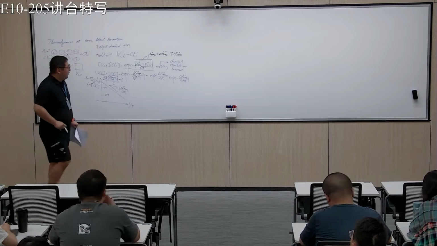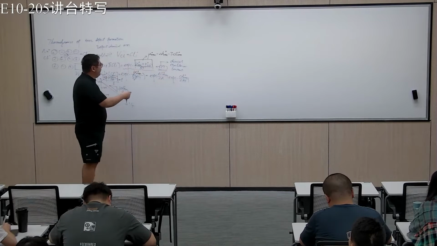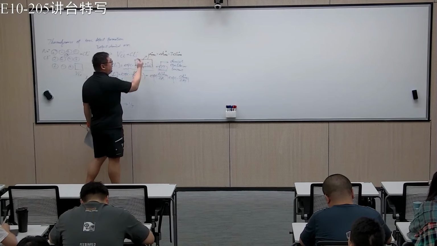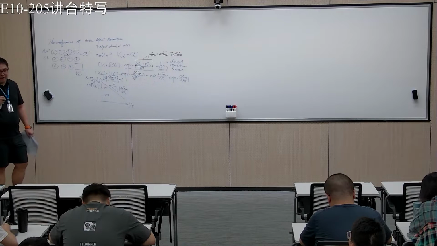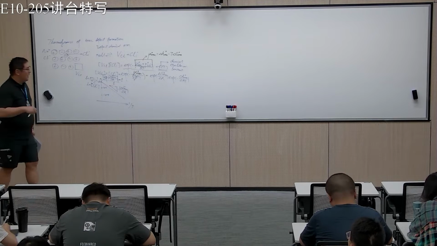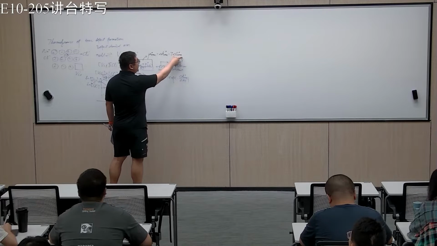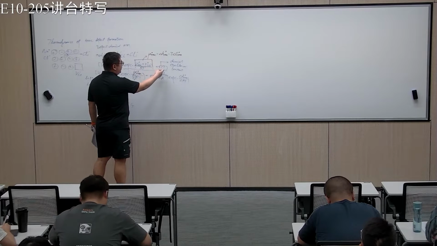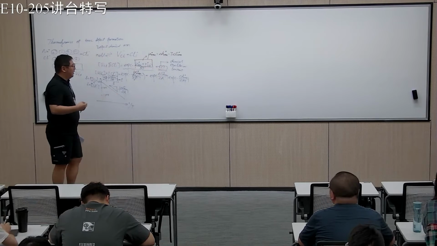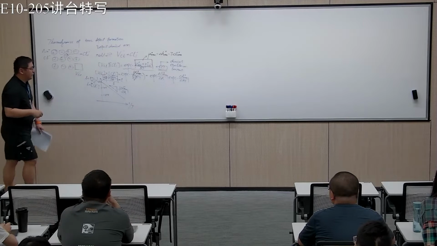As you can see here, if we assume this delta S is not a strong function of temperature, because usually it can be small, then if it's kind of constant, K is basically only a function of temperature.